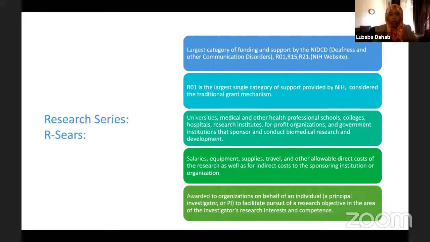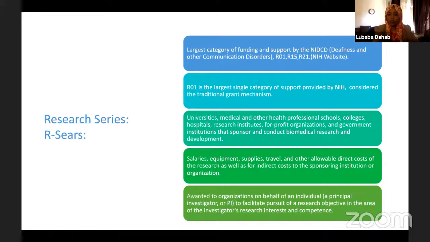There are multiple subcategories: R01, R15, R21, R33, depending on what the grant is for. R01 is actually the largest single category of support provided by the NIH, and it is considered the traditional grant mechanism.